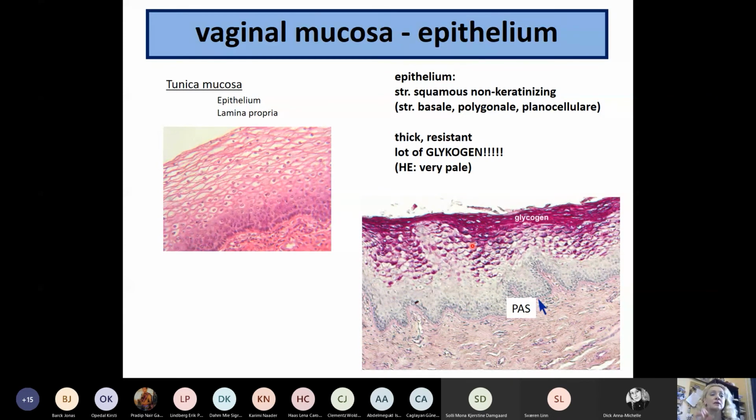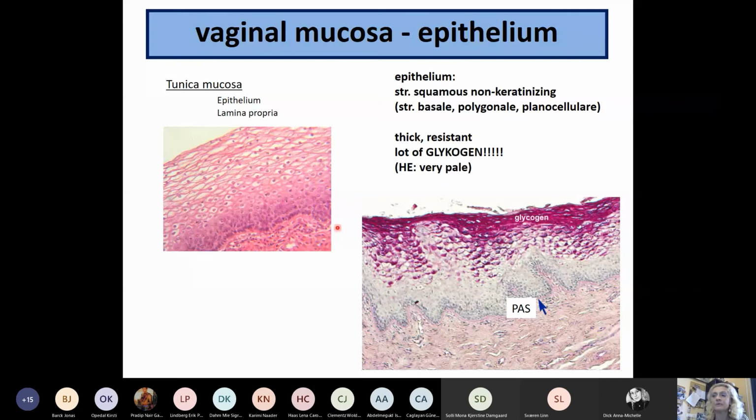So actually, it is typical for stratified squamous non-keratinizing epithelium, especially if it's thick, that the upper layers do not get enough nutrients, so they store energy in form of glycogen. So this is typical. Maybe the vagina has a little bit more glycogen, but just the epithelium looks the same as in the esophagus. So how do you distinguish the two? I will tell you soon.